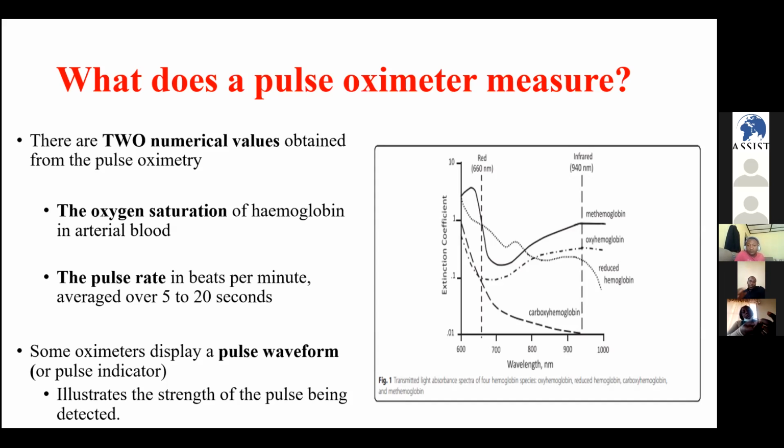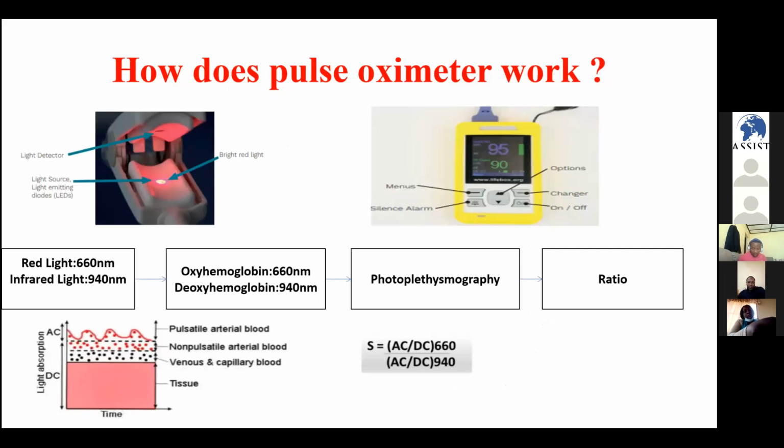So when the pulse oximeter is giving the values of the saturation, it's the ratio of absorption of the light in the red and infrared bands. Next slide.